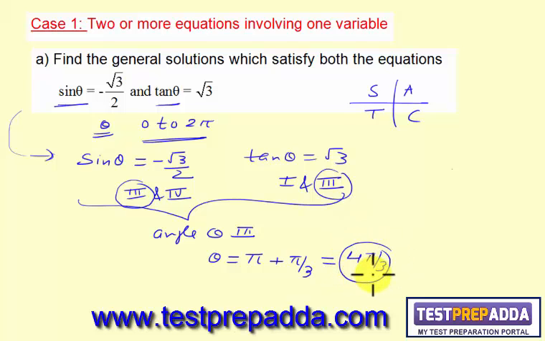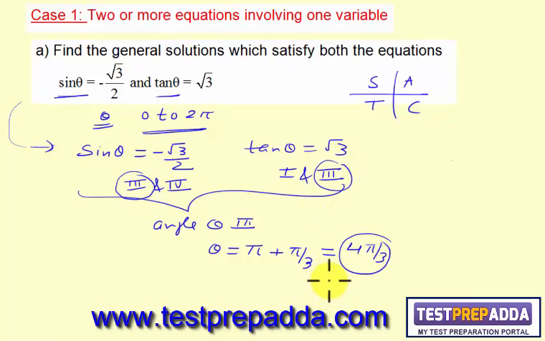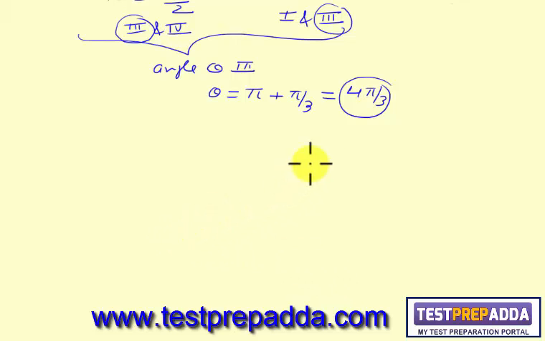So sine 4 pi by 3 is minus root 3 by 2, and at the same time tan 4 pi by 3, which is tan of pi plus pi by 3, will lie in the third quadrant. So tan will become tan pi by 3 and that will be root 3. So 4 pi by 3 is the angle which lies between 0 and 2 pi and satisfies both the equations.